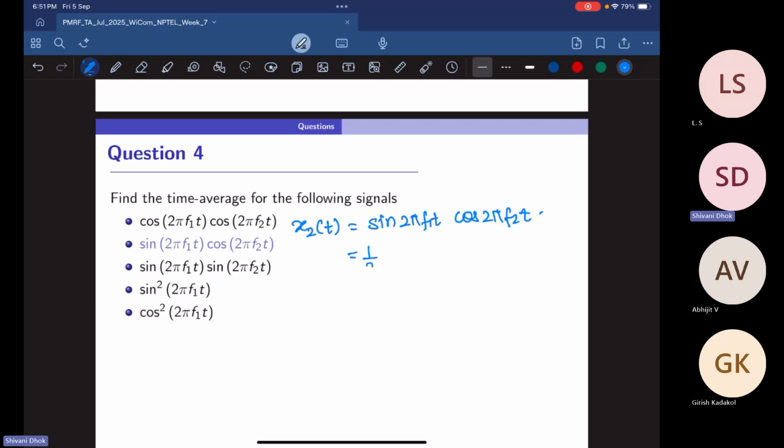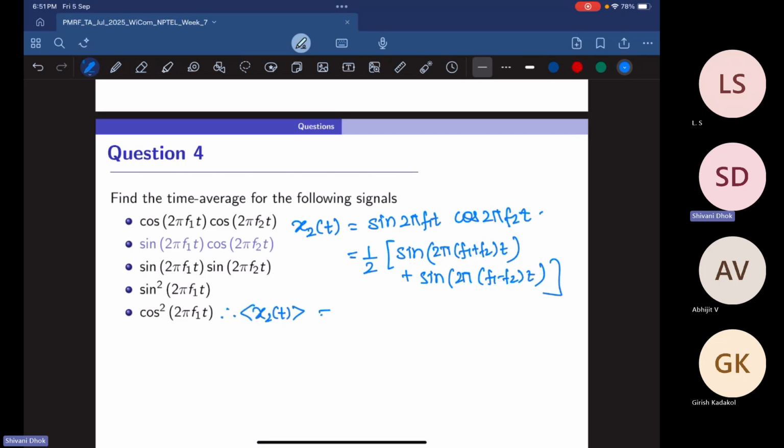So for this we'll get half of sine of A plus B, that is 2 pi f1 plus f2 t, plus sine of 2 pi f1 minus f2 t. Okay, so this is what we are having right now.